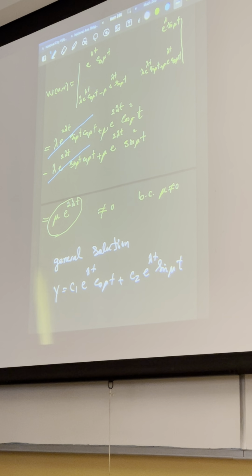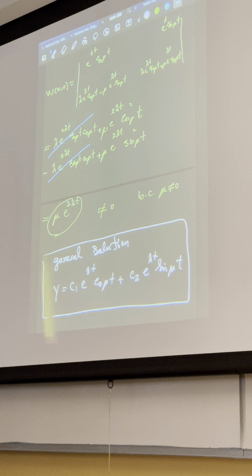Any questions? So, you write the characteristic equation, you find the complex solutions, the real part goes to the e, the imaginary part goes to sine and cosine. That's it.